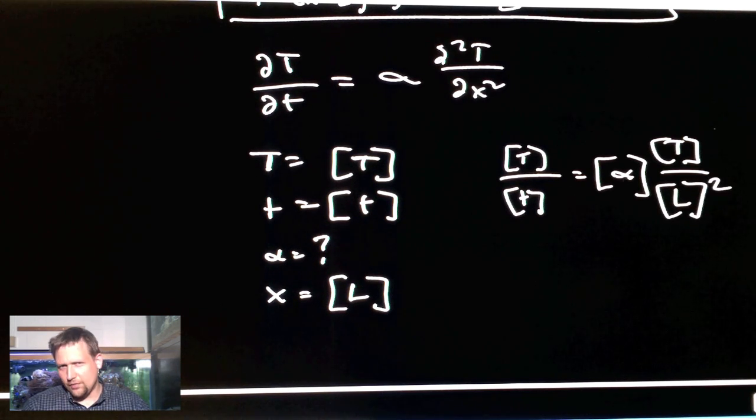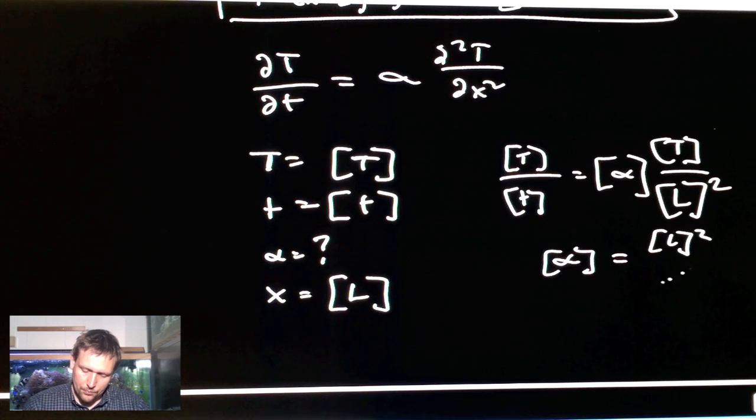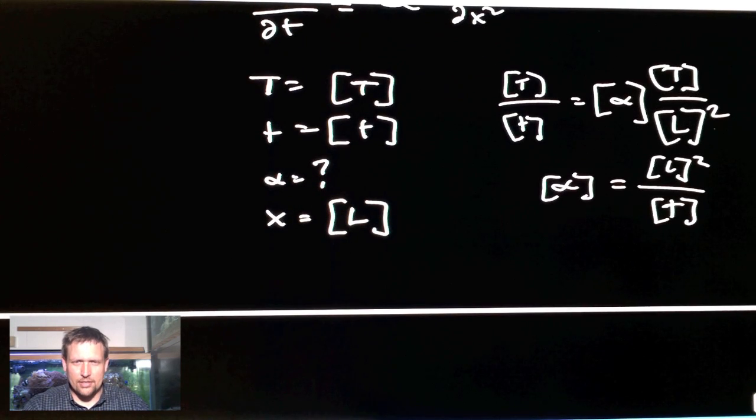So in order to figure out what the units of alpha are, you just rearrange this equation algebraically, and you find that the units of alpha must be length squared over time. This is very important when we want to non-dimensionalize the problem to make sure that in the end, when we choose our dimensionless groups, everything is consistent.